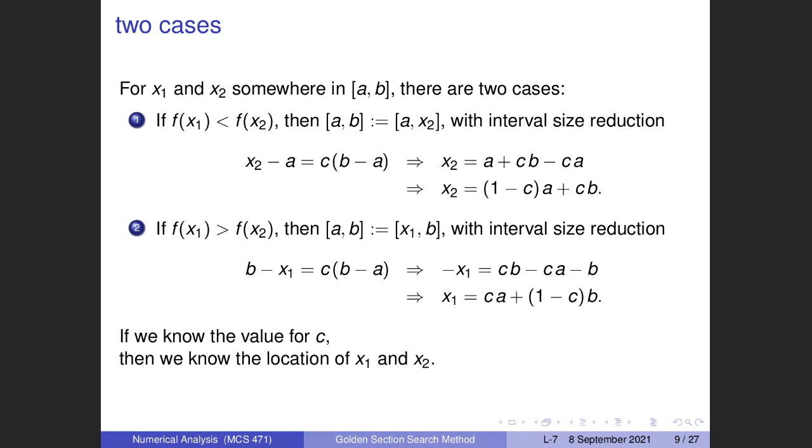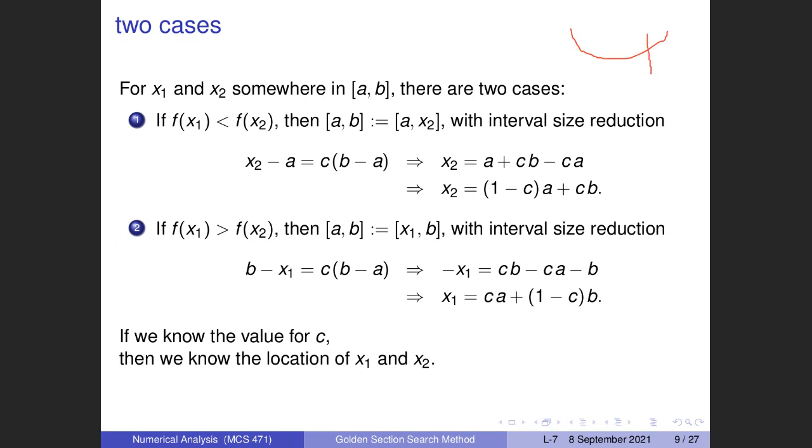If the left function value is less than the right, then we can say that the left interval remains, the interval a to x2, because we will recycle x1. So x2 becomes the new right upper bound. Actually you should see a picture here.